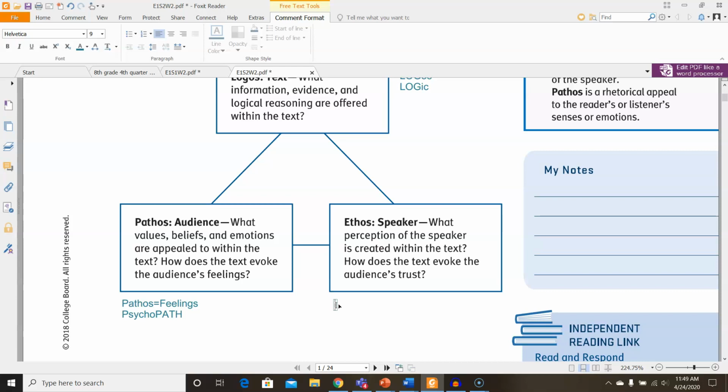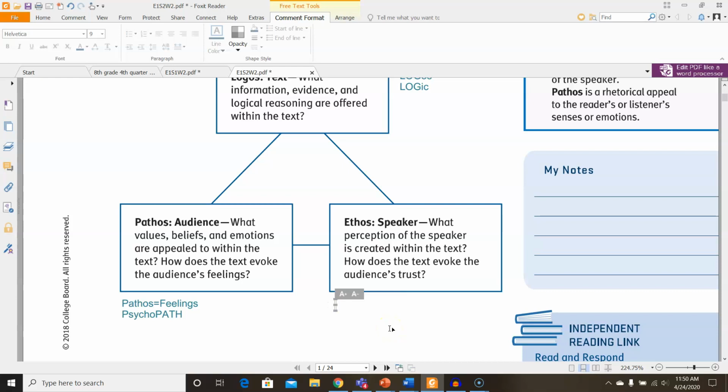And one of the ways that they do this is by bringing in experts to support their opinion. So the speaker will often bring in people who know more about the topic than they do as their quotes, and that's an example of them trying to show you that you should trust them because these experts agree with them, okay? So for ethos, I kind of relate that to experts.